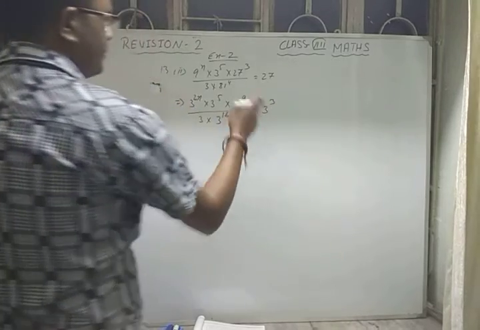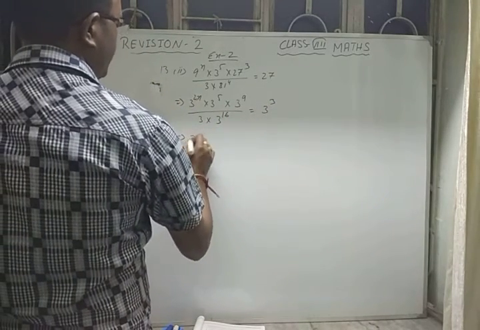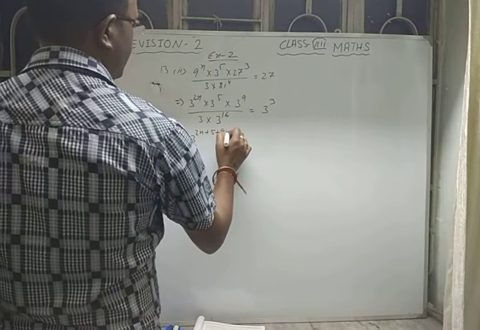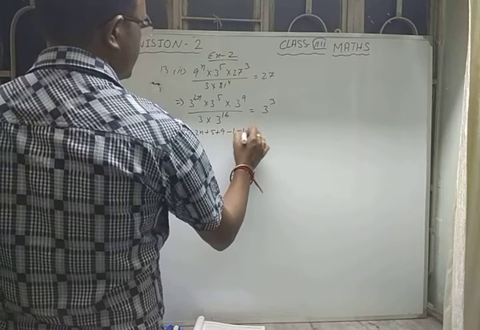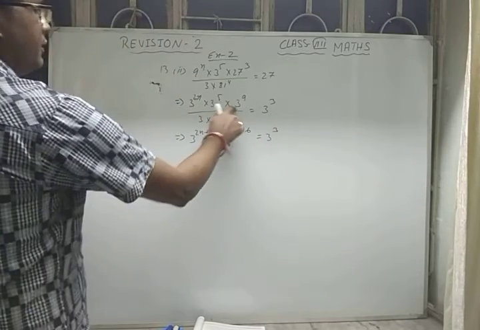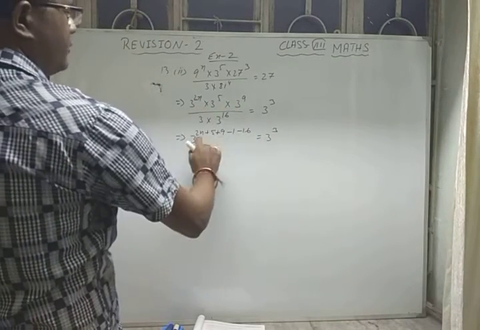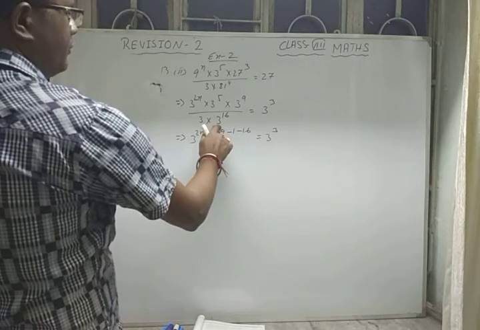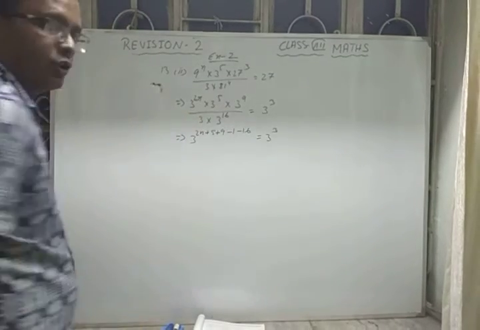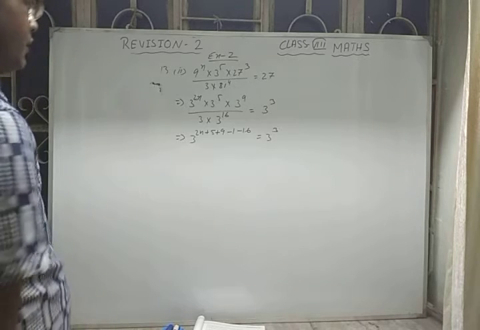So all bases have become 3, so you just apply the law, so it will become 3 to the 2n plus 5 plus 9 minus 1 minus 16 is equal to 3 cube. In the numerator the bases are the same in multiplication, so powers will be added, and in the denominator, when we bring them to the numerator, the powers will be subtracted according to the division law of exponents.